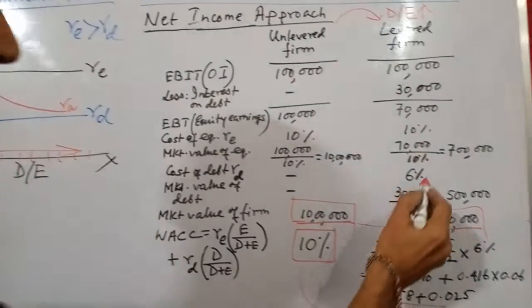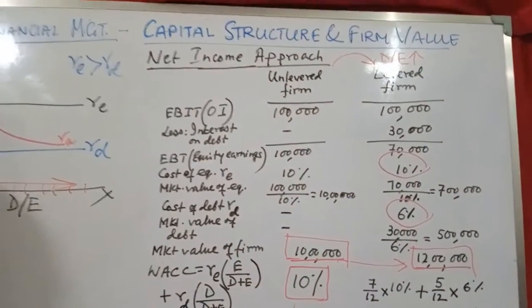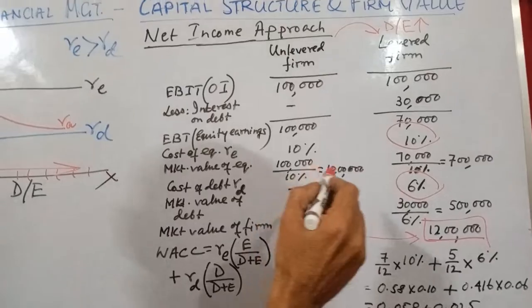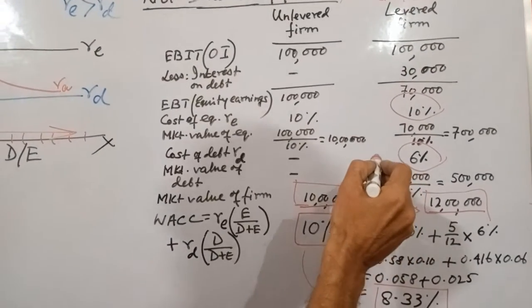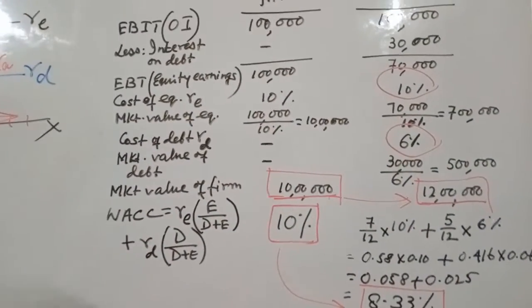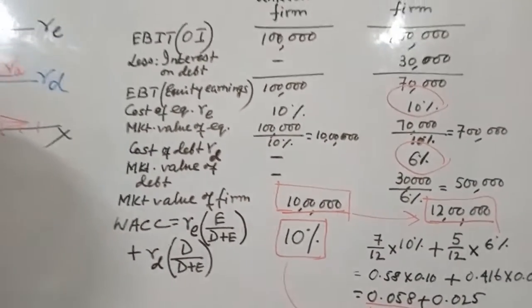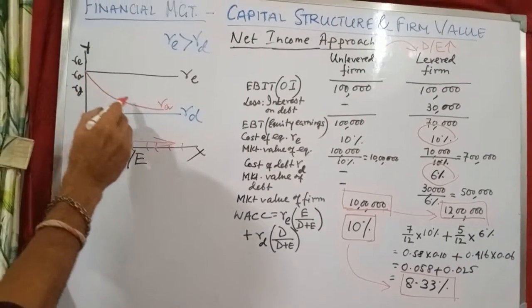Cost of debt is lower than cost of equity, and so if the weight of debt is more in the capital structure, then certainly the weighted average cost of capital will come down. So this will be the weighted average cost of capital.